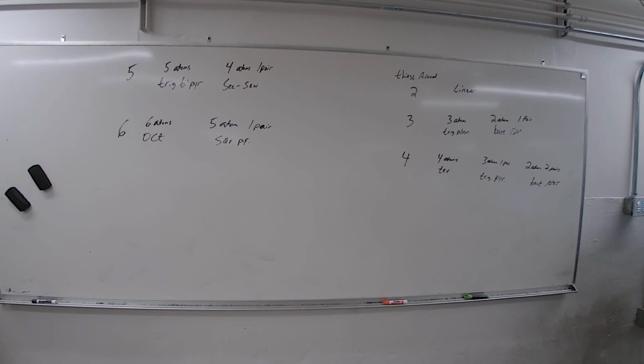How many things around the nitrogen? 120. Wrong. How many things around it? 4. So it's 109. No, it's trigonal pyramid. Trigonal pyramid. There's four. You just saw it.